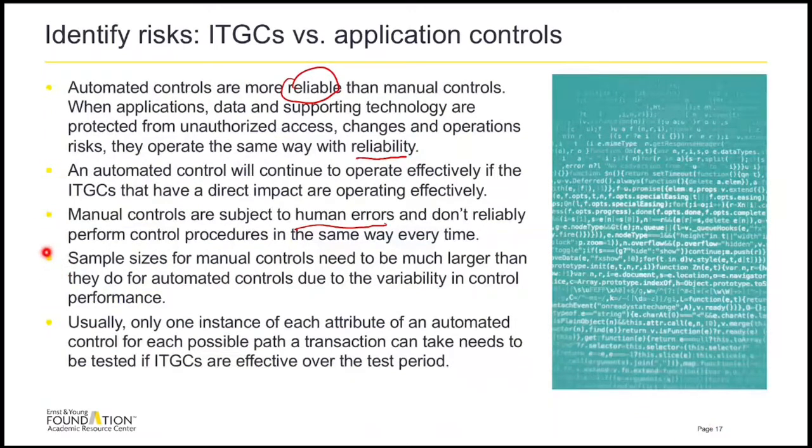So sample sizes for manual controls need to be much larger than for automated controls due to the variability in control performance. Usually, only one instance of each attribute of an automated control for each possible path of interaction needs to be tested if ITGCs are effective over the period.